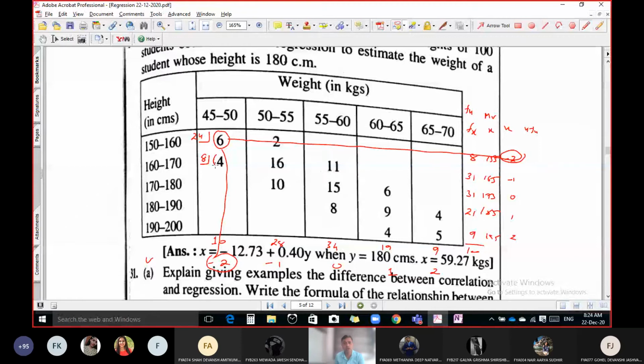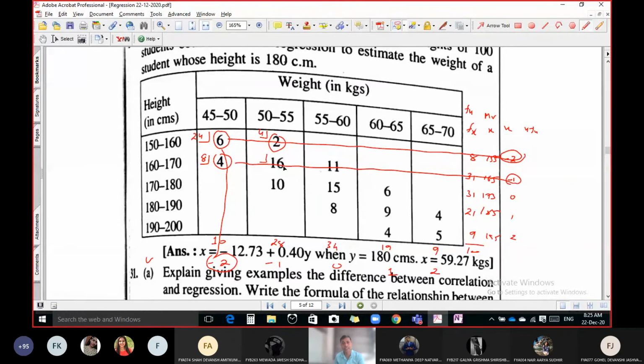Now for this 4, you have to multiply by -1, the corresponding value of u, and the corresponding value of v remains the same, -2. So 4 into -1 into -2, we get 8. Now to calculate here, you have to multiply 2 with what? Minus 2 with what? Minus 1. So we get here 4.